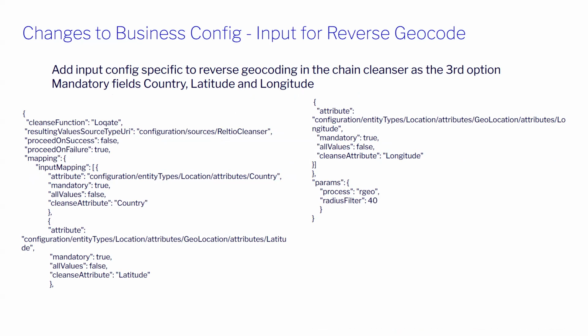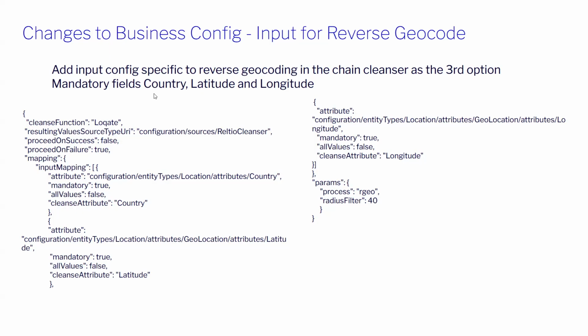If you look at a cleanse configuration, we generally have two configurations. The first one is when the entire address is given as address input, as one address line. The second configuration is when addresses are broken into different components: address line 1, address line 2, city, state, zip, and so on.